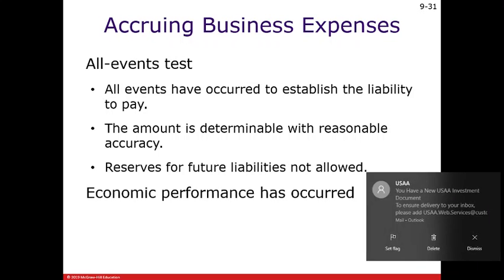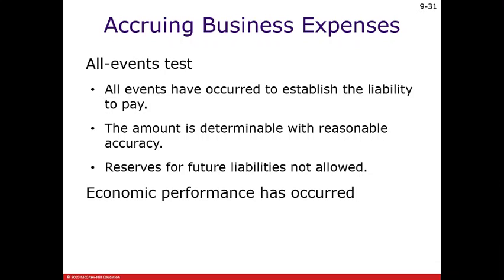For tax purposes, totally different. Again, you've got an all events test involved here. And so for claiming a tax deduction for an expense, it must meet both the all events test and something called the economic performance test. The all events test for deductions.